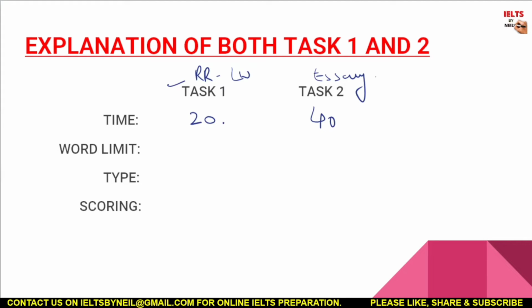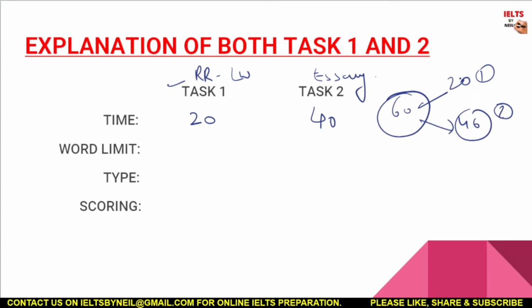Please note that this is just the recommended time. The total time you're going to get for both the tasks is 60 minutes. So it is recommended that you spend 20 minutes on task 1 and 40 minutes on task 2. However, if you want to, you can spend 25 minutes on task 1 and 35 minutes on task 2. So it's actually up to you, whatever way you want to do. It's just that you have to finish both the tasks in just 60 minutes.